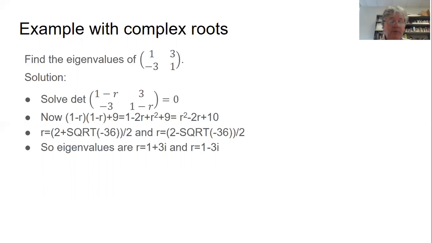One check for that is that the linear term is minus 2 and the trace of the matrix is 2. So we're doing good. With that quadratic equation, we use minus b plus or minus the square root of b squared minus 4ac, over 2a. And we see that they're complex conjugate roots, 1 plus 3i and 1 minus 3i.